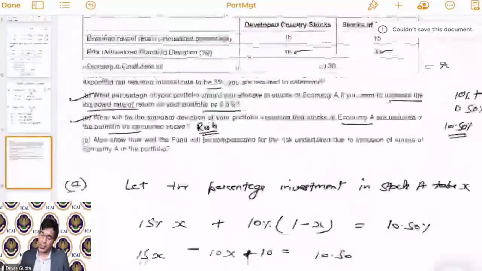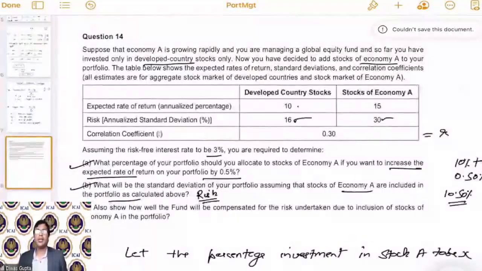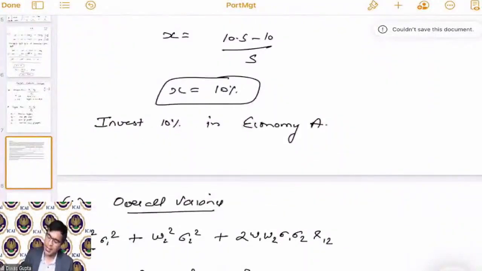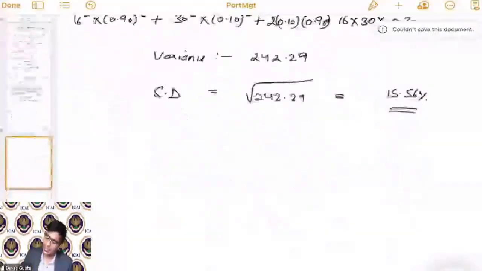Now students, please note the current risk was how much? 16, correct? If you see the situation, the investor has invested all the amount in the developed country. He was earning a return of 10% with a risk of 16%. But now he's earning a return of 10.5.